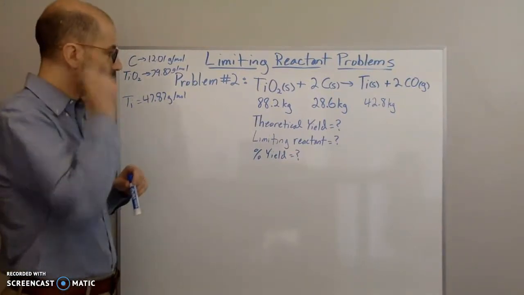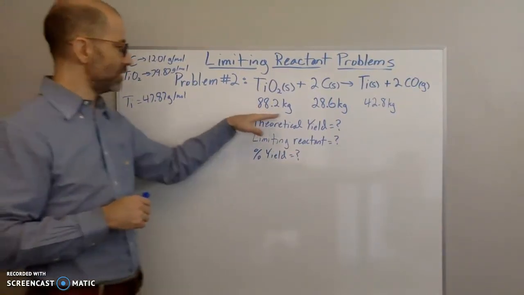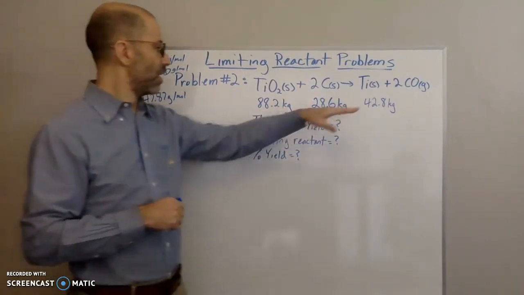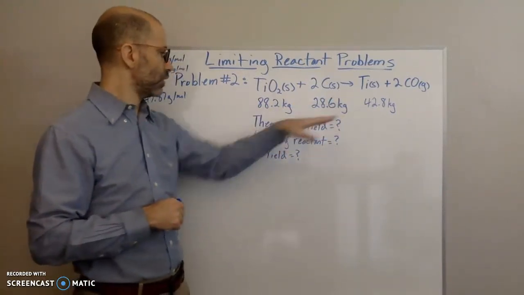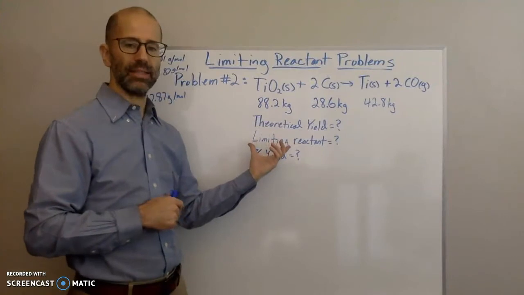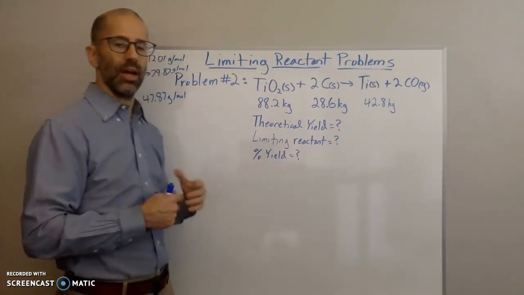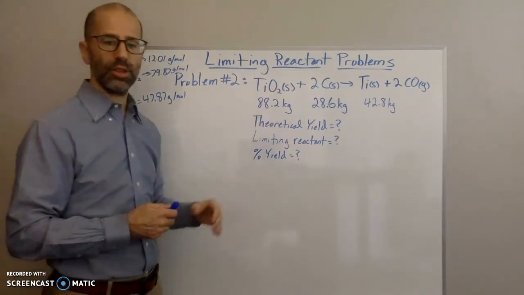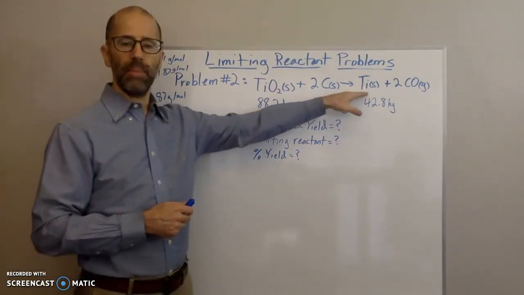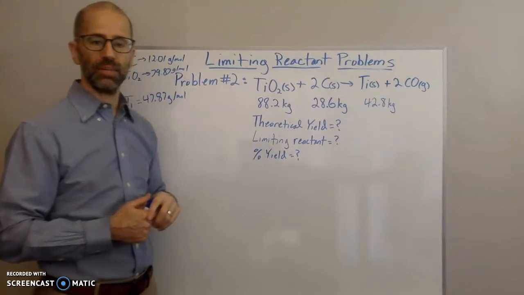Since they are giving you mass amounts and they want the theoretical yield, and you're going to need the mass amount to calculate your percent yield, you might as well convert everything all the way to mass of titanium.